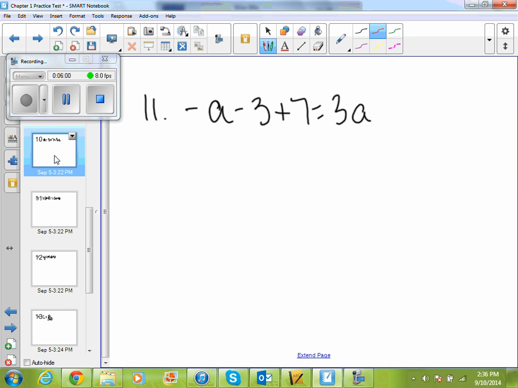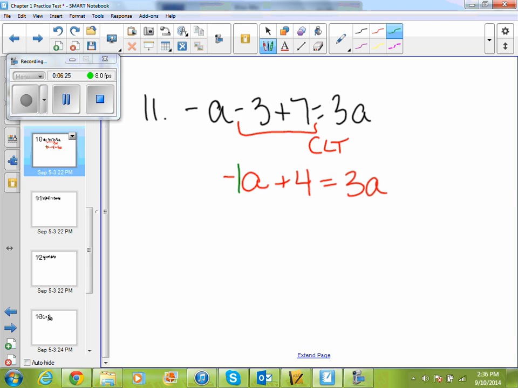Alright, we look at number 11. Negative a minus 3 plus 7 equals 3a. We have a lot going on, so let's start by combining like terms. I have this minus 3 plus 7 equals 4. So I get negative a plus 4 equals 3a. Now I'm going to combine my a's. So this is like a negative 1a, and how do I get rid of a minus 1a?